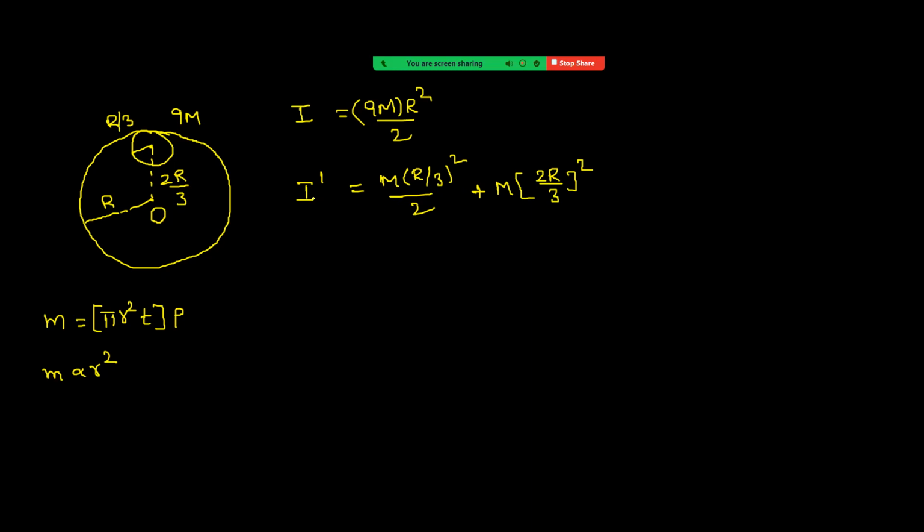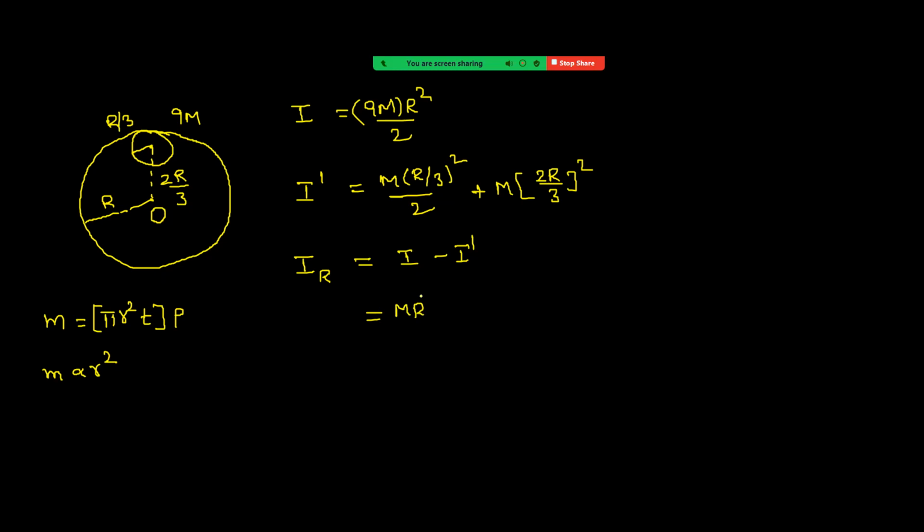This is the moment of inertia for the removed one about axis O, right? So now for the remaining one, let us take it as I suffix r. For the remaining one, original value minus the value for the removed one.